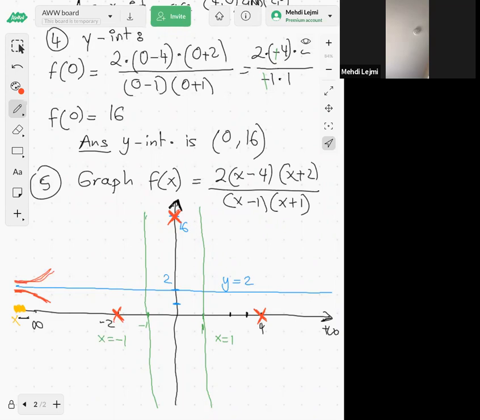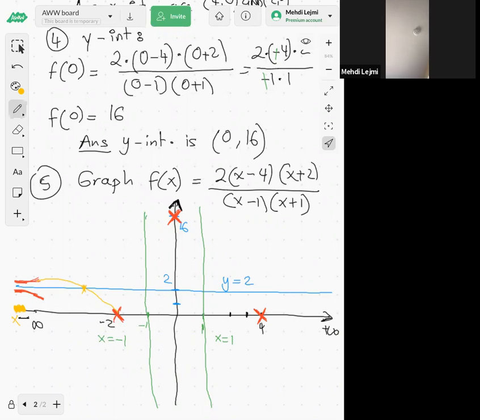But then you have this x-intercept at negative 2, so there are two options here. Either you go from above the horizontal asymptote and then join this x-intercept, but then it means that at negative infinity you would cross your horizontal asymptote.